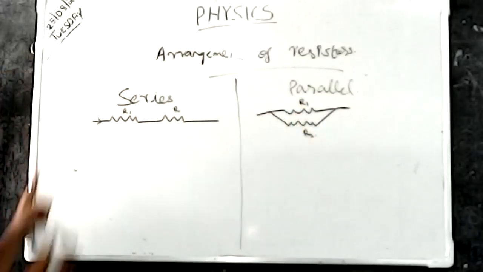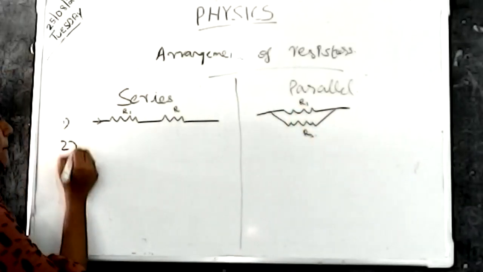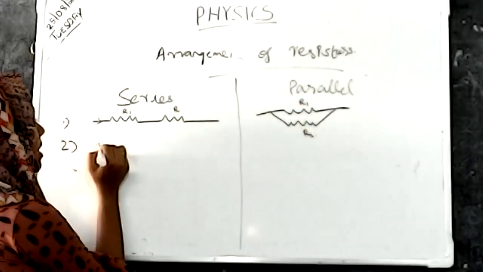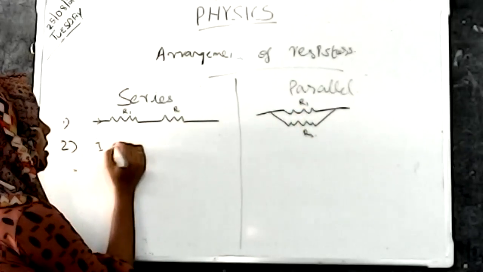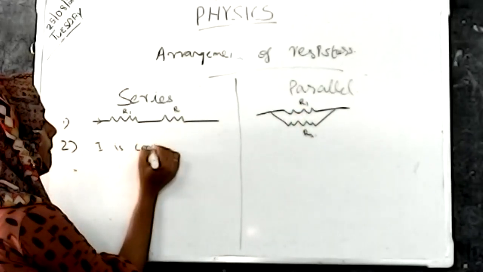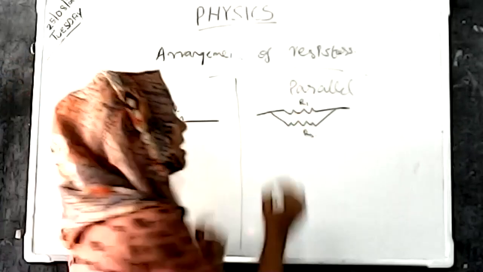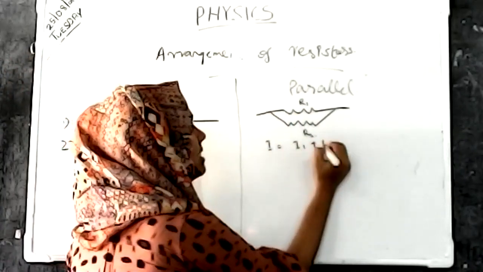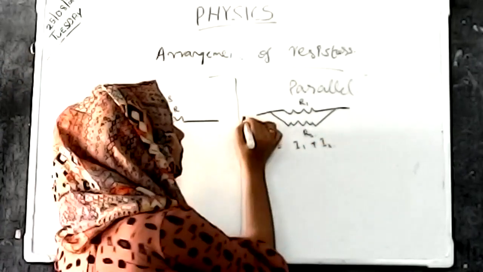In the first case, the current is not changing, so I is constant. But in the parallel connection, I comes to I1 plus I2.